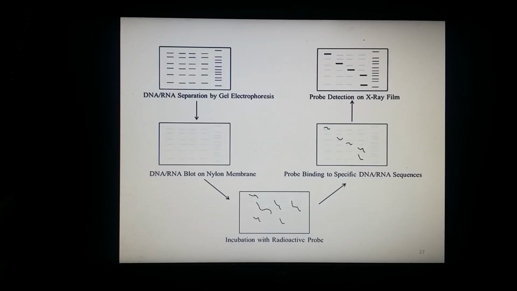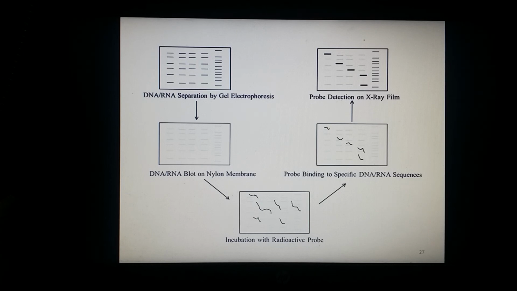Here you can see a diagrammatic representation of how the bands are visible and not visible. If I summarize it, first is RNA separation, because we are dealing with northern blotting. RNA separation is done by gel electrophoresis. Then the RNA is blotted on a nylon membrane. I have told you that nitrocellulose membrane is also used, but nylon membrane is more preferable.